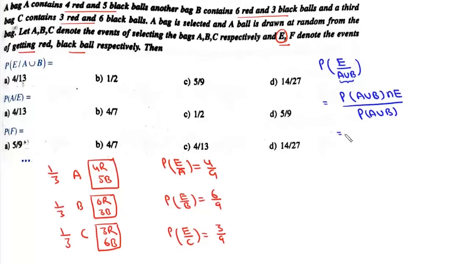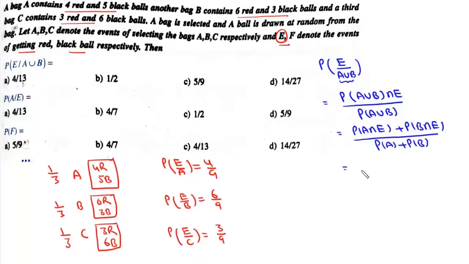So we can write this as the probability of A intersection E plus the probability of B intersection E upon the probability of A plus the probability of B.